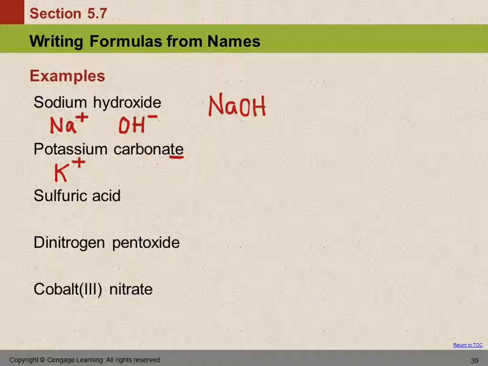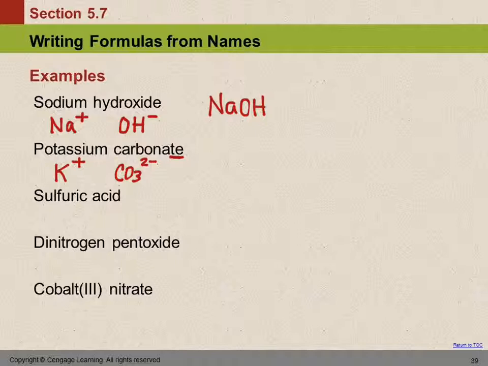So carbonate, you look in there and you find CO3, and it has a 2- charge. The charges tell us how many of each. This is +1, this is -2. Those are not the same. So we can think it out, or we can do the crisscross thing.